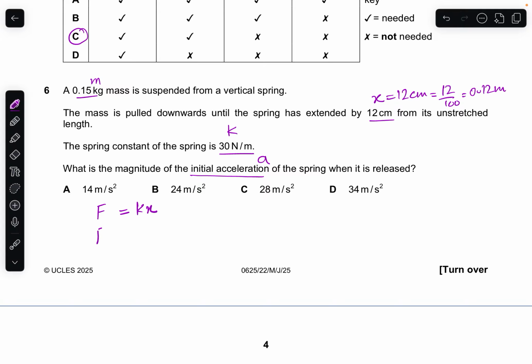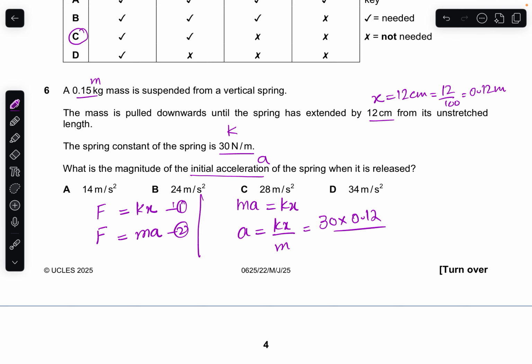So we have another relation from Newton's second law, F equals ma. You can equate both equations, you will get ma equals kx. So a is equal to kx divided by m. K we have 30, x we have 0.12, and m we have 0.15. When you do the calculation, you get the answer 14 meters per second squared. Okay, option A.